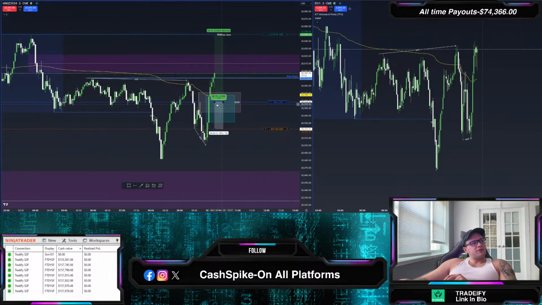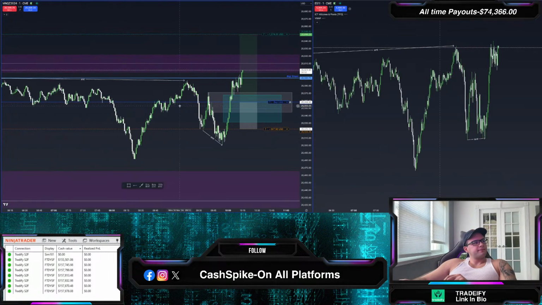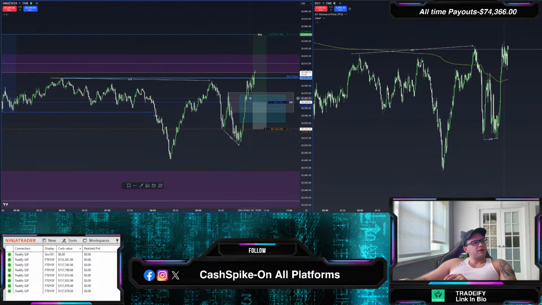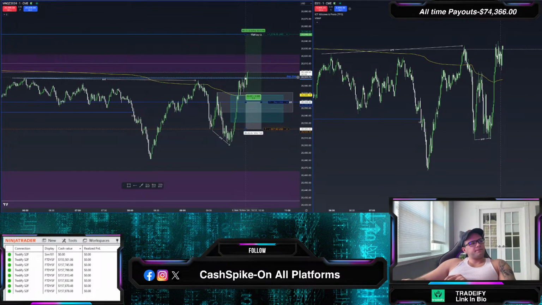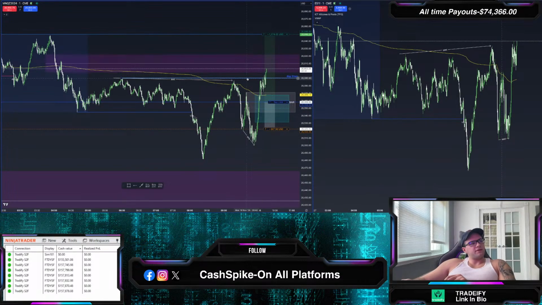If you're able to enter this setup around here, but I was looking for a bigger pullback. So if you entered the breaker block here, you'll be good now, because you'll be break even.